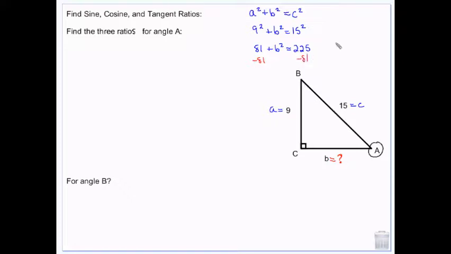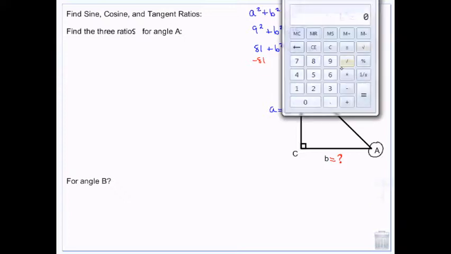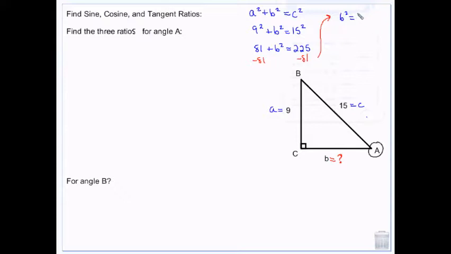Subtract 81 from both sides, and I get B squared is equal to 144. If I take the square root of both sides, B is equal to 12. All right, so now we have all three sides.